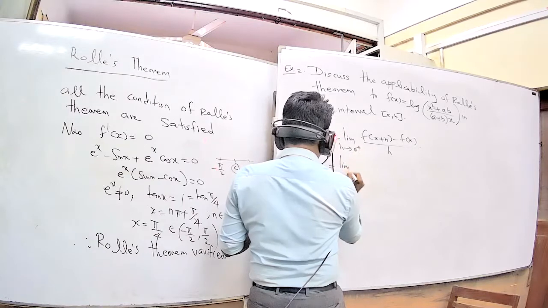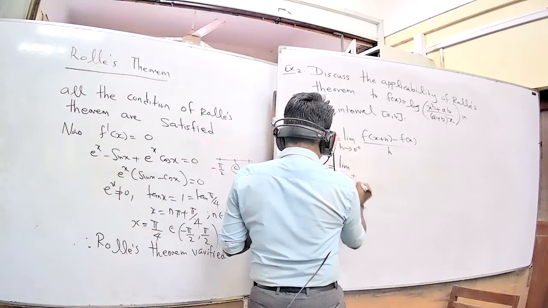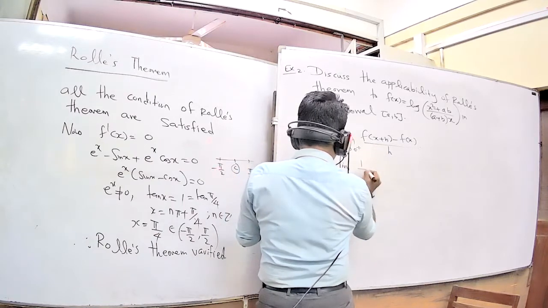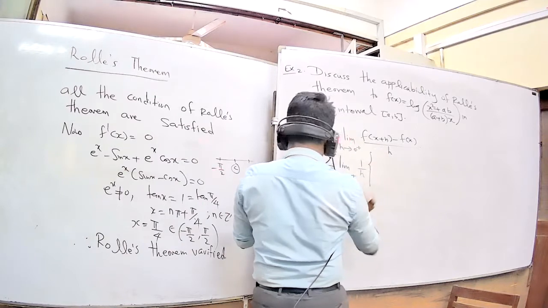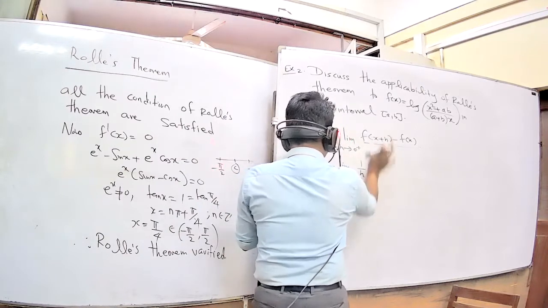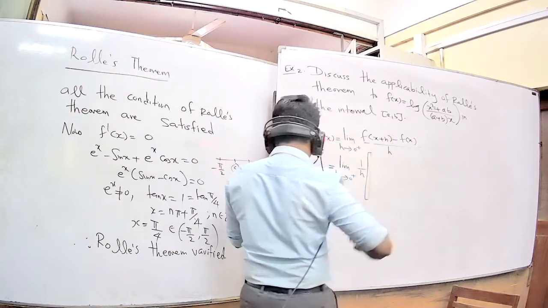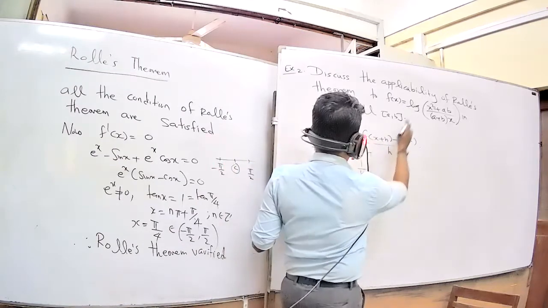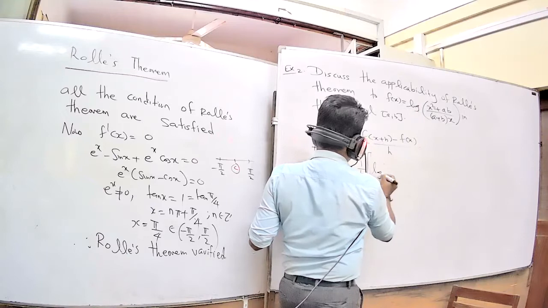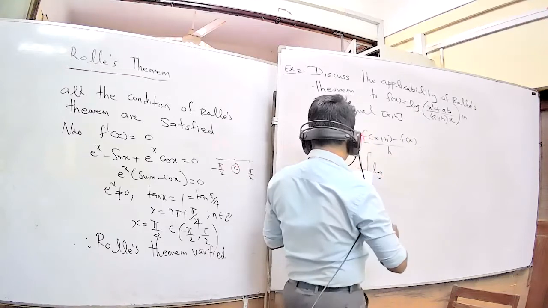The limit as h tends to 0 plus. You can take 1 over h outside. Here log f of x plus h means you put log in terms of x plus h, no?